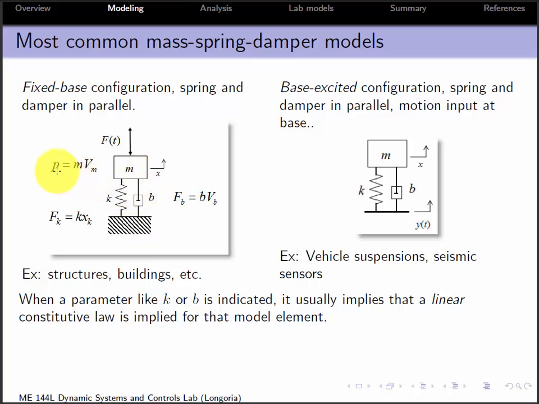And then we have linear translational momentum related to the velocity of that mass. So this is a very common mass spring damper system that you've seen in many contexts, and it's very useful in modeling basic structures and so on.